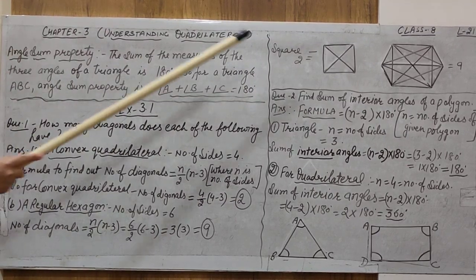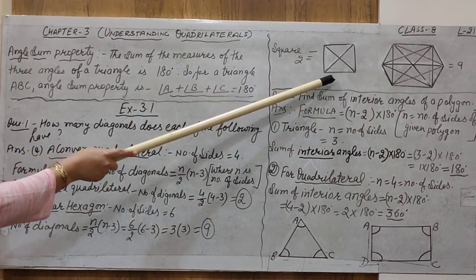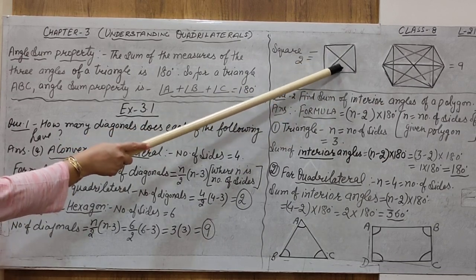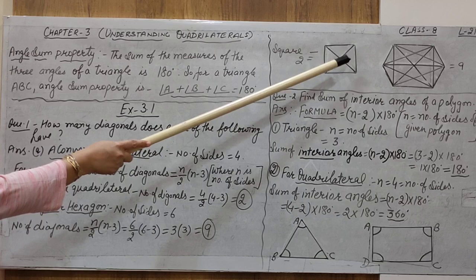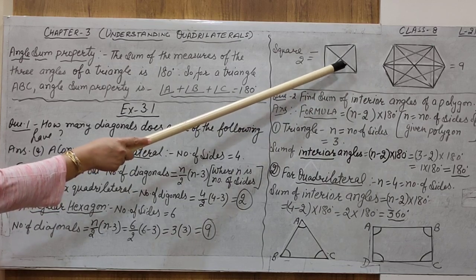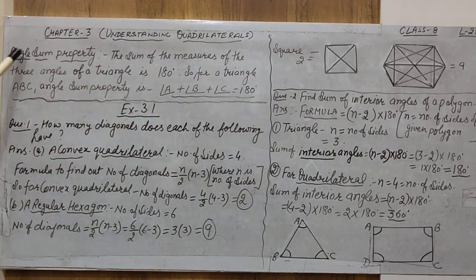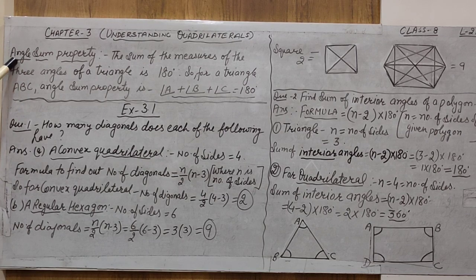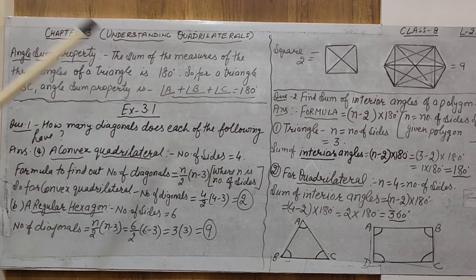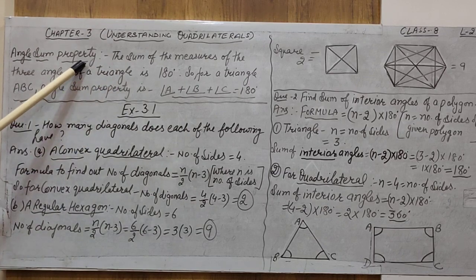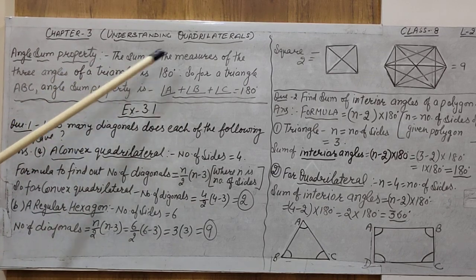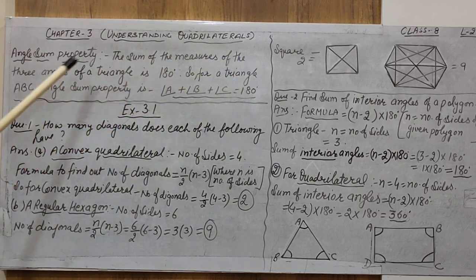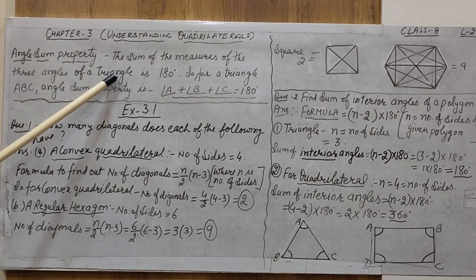For example, when there is a square, how many angles does the square have? We have 4 angles in the interior of this figure. When we add all these interior angles, that is called the angle sum property. But previously we have to count it for the smallest polygon. So the angle sum property for a triangle is the sum of the measures of the 3 angles of a triangle.